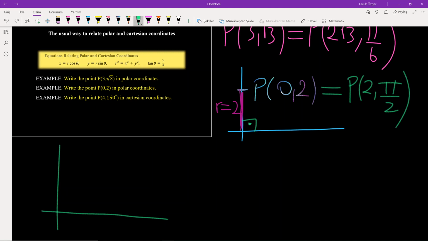Okay? What about the position of that point? Let me draw a proper diagram. Now, I think the point is somewhere here. This is the point P.